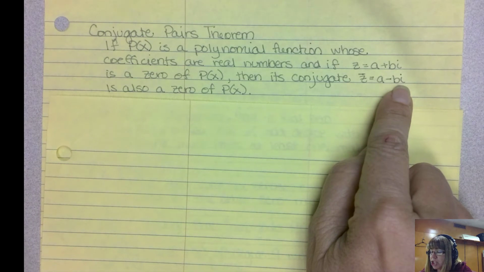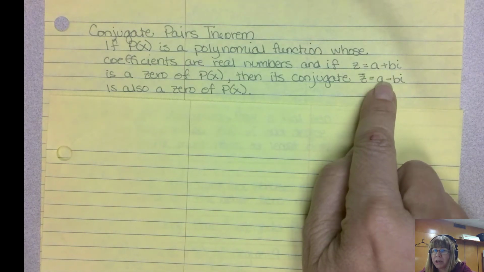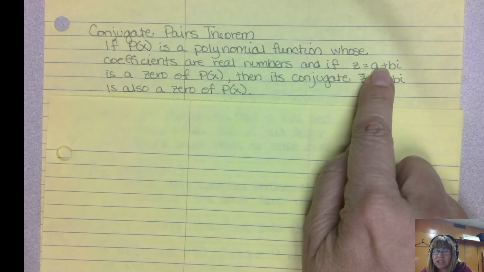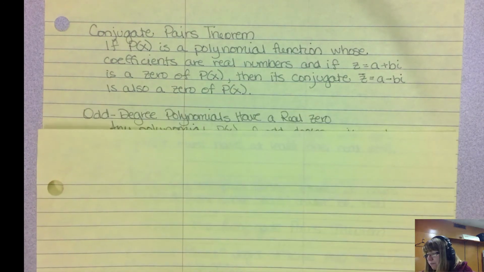The only thing that changes is the middle. If we're in addition, we go to subtraction. If we're in subtraction, we go to addition. So those two come in pairs. If one is a 0, the other is a 0 as well.